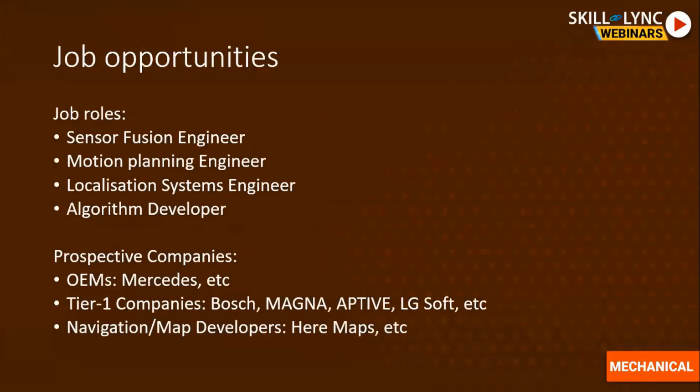It has applications in a lot of domains like robotics, missile systems, satellite systems, aviation, etc. So these are certain job roles that you might have, like sensor fusion engineer, motion planning engineer, localization systems development engineer, and algorithm development engineer, because sensor fusion deals with a lot of mathematics, programming, and algorithm development.